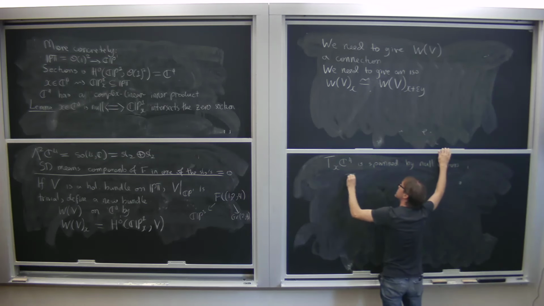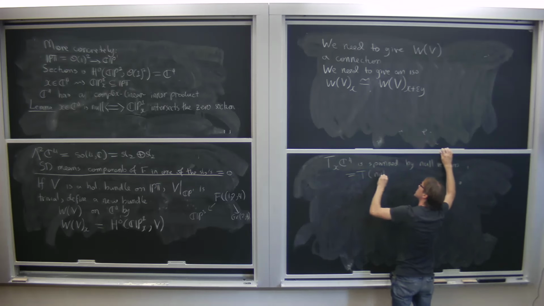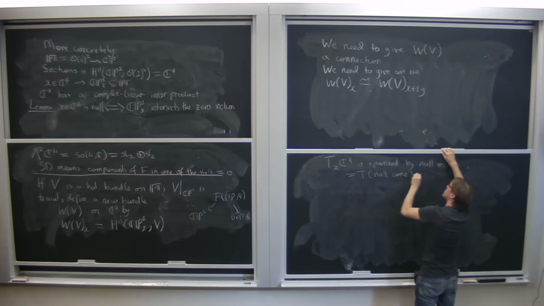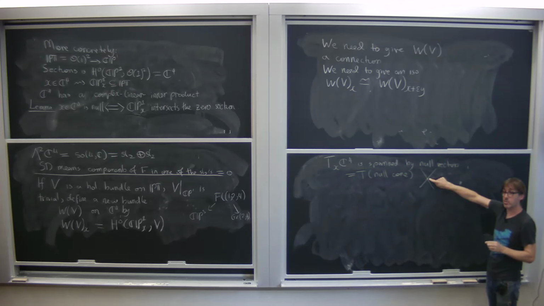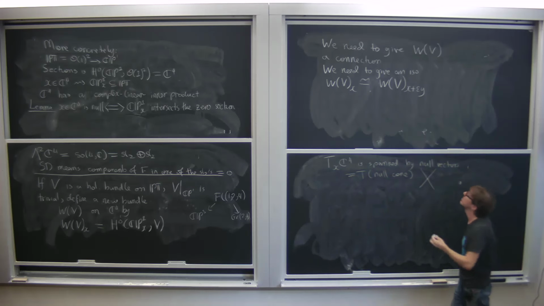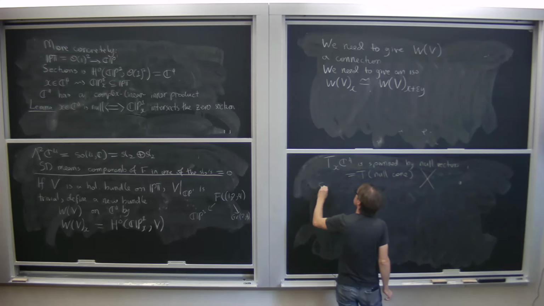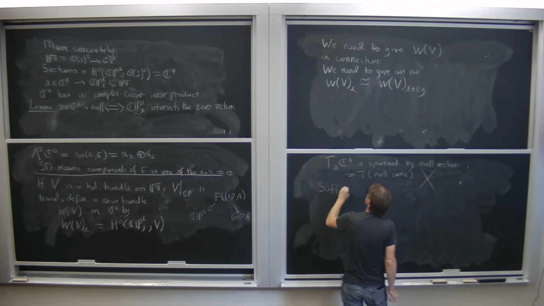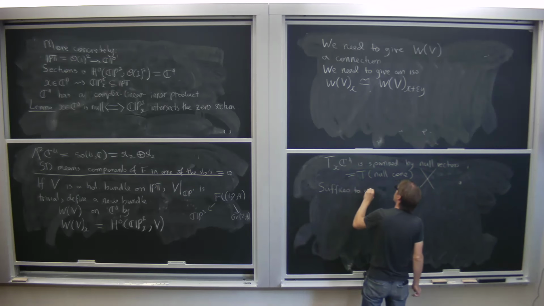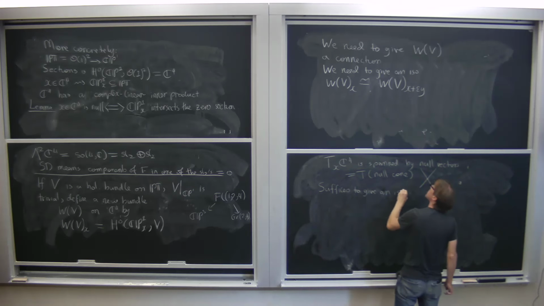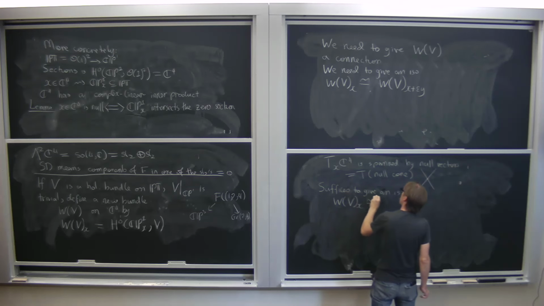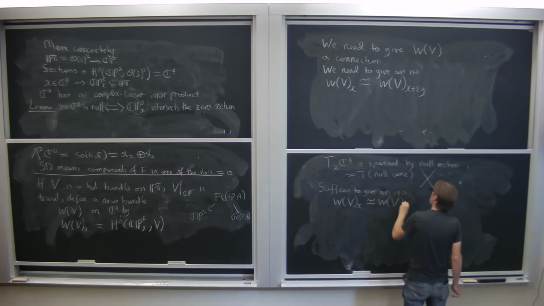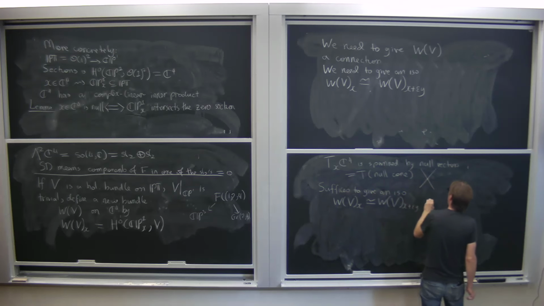In fact it is equal to the tangent space of the null cone, because at the singularity, the origin of the null cone, the tangent space gets bigger and is equal to the tangent space of all of C4. So it suffices to give an isomorphism between the fibers where Y is null.